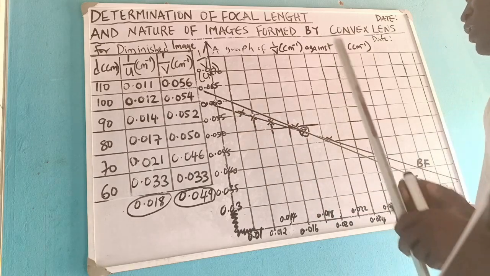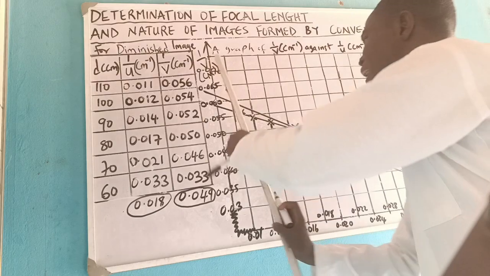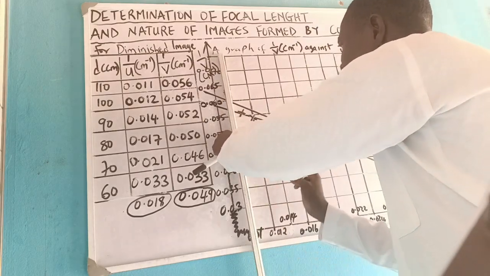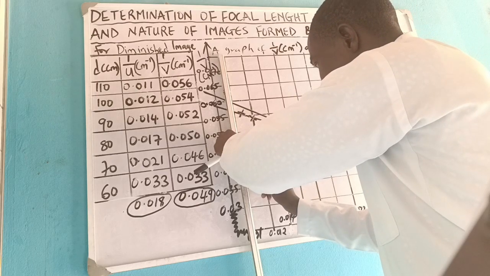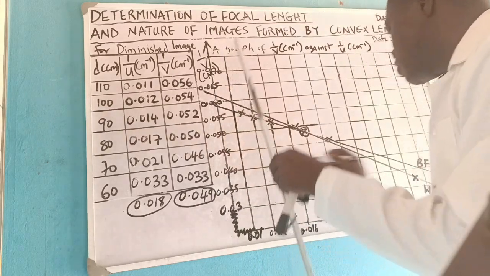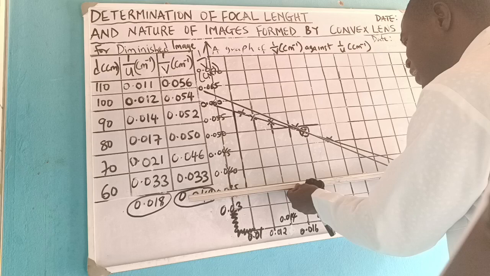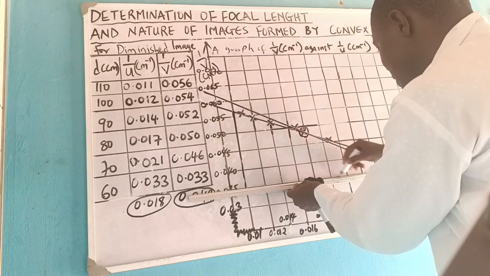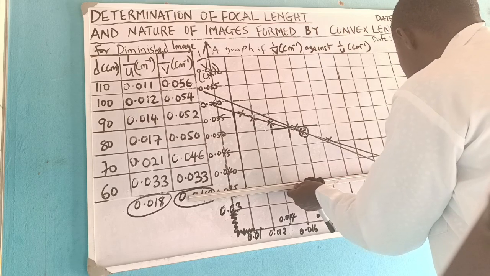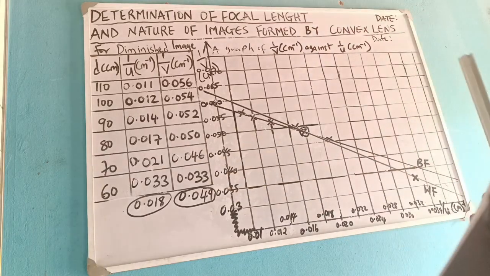Yes, you use your ruler and place it. Once you place it, you draw a dotted line. Then you take it horizontally. We are taking the one of best fit. Take it horizontally. That is your best fit.